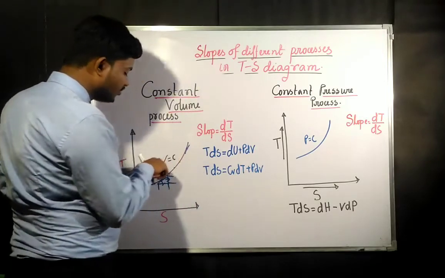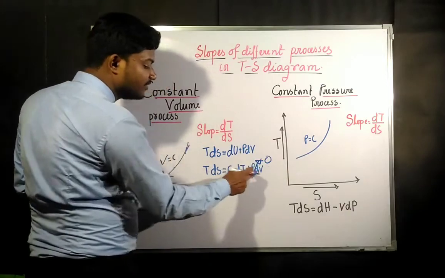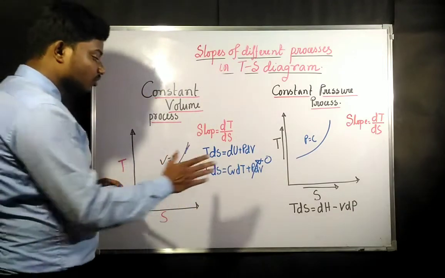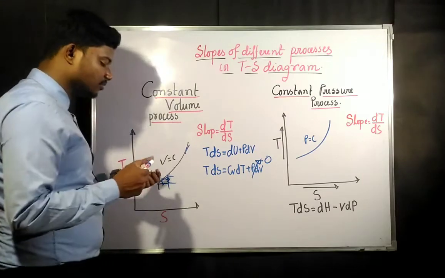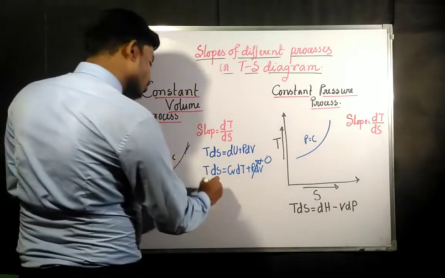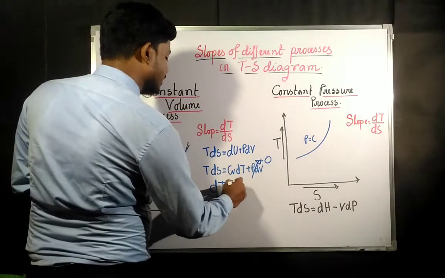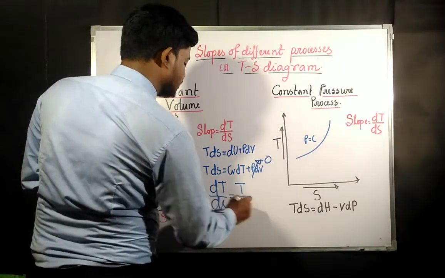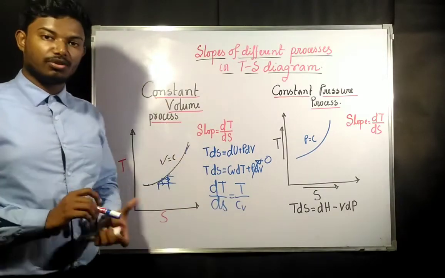Now it is constant volume, so this term is going to be 0 because dV is 0. The remaining part is TdS equals Cv into dT. So dT by dS is going to be T by Cv. This is the slope of the constant volume process.